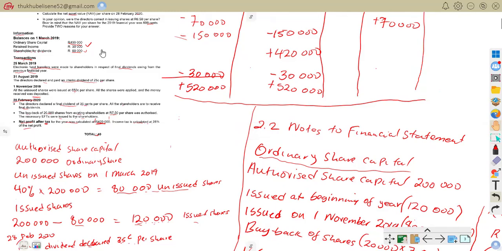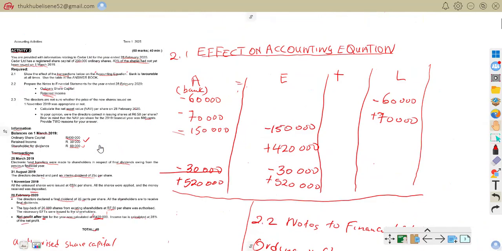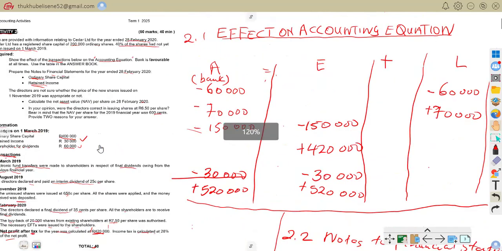The question was, we've already calculated the net asset value. In your opinion, were the directors correct in issuing shares at 650 cents per share? Bear in mind that the net asset value per share in the 2019 financial year was 600 cents. Provide two reasons.